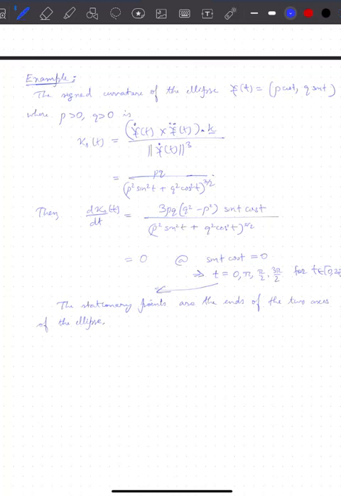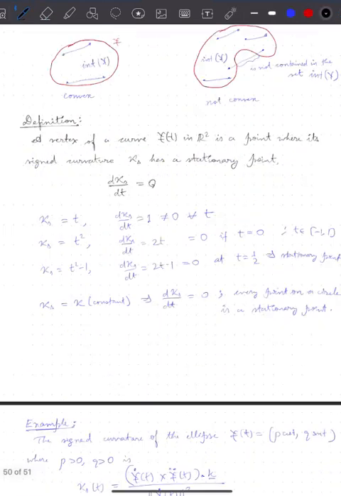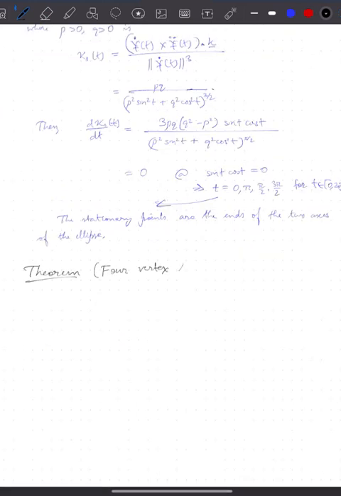So this leads to the theorem, also called the four vertex theorem.